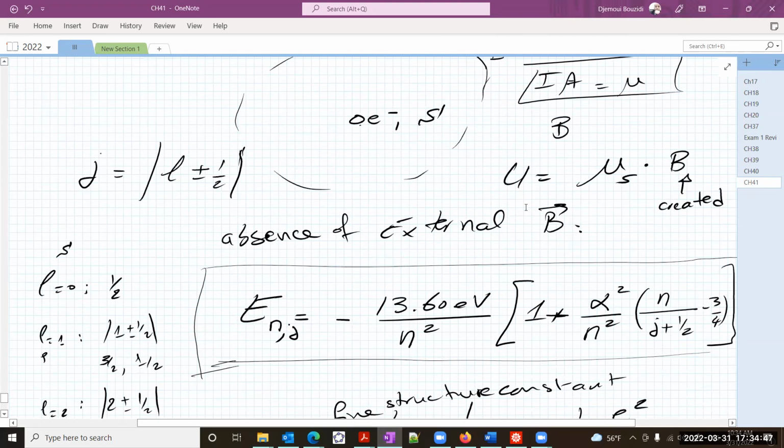For the discussion, make sure that you're aware of this fact, because sometimes you get into the mood of writing the expression just in terms of the n number, which is fine, but now you have a correction term coming from this coupling term. Make sense, everybody?